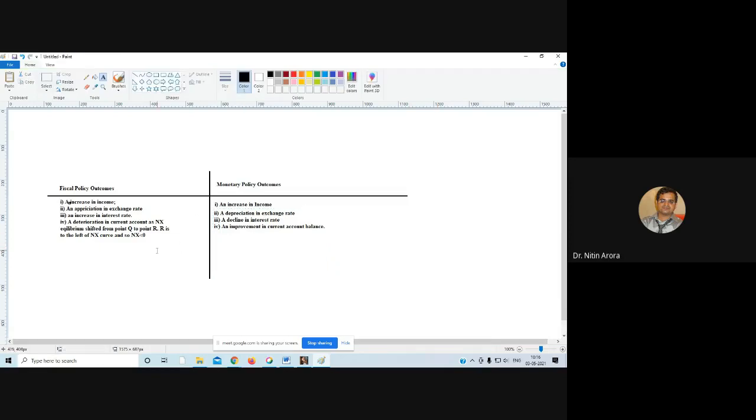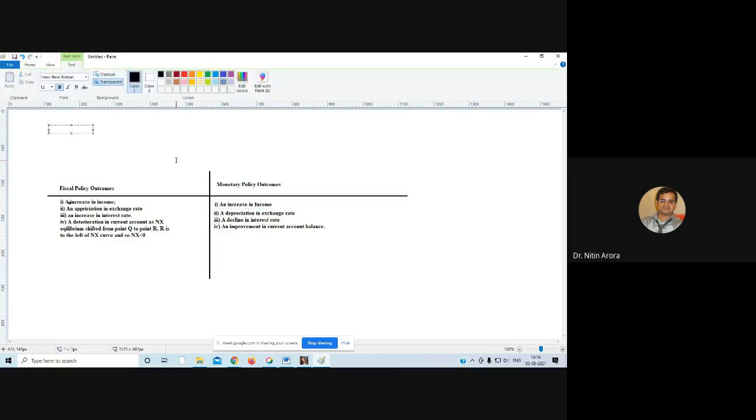So tell me which policy is better for a system where we have, this is basically a comparison of monetary and fiscal policies under flexible exchange rate and partial mobility of capital.